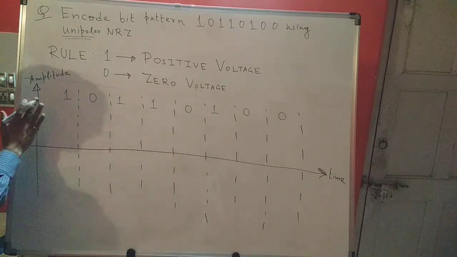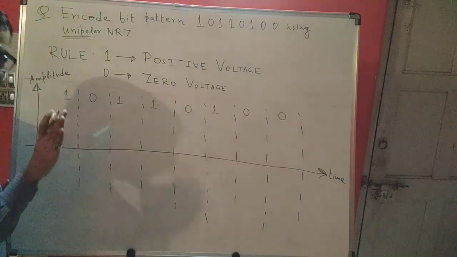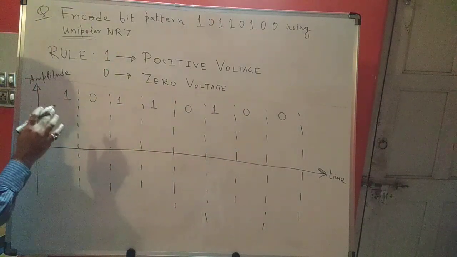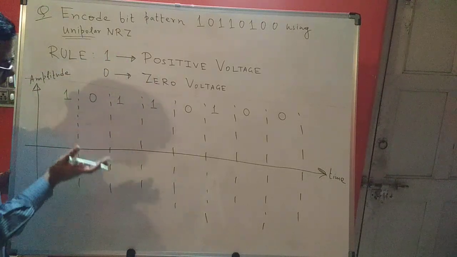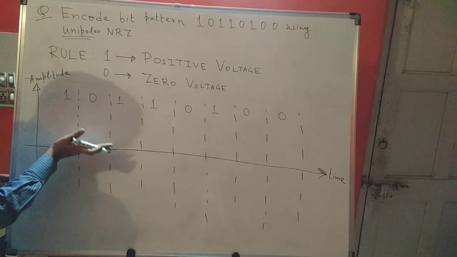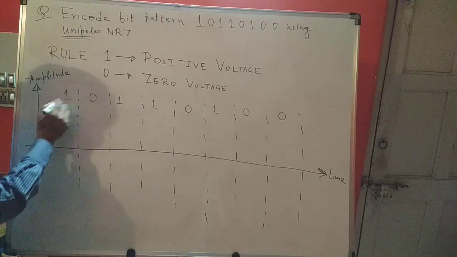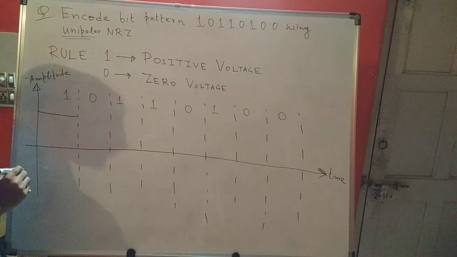So I'll be concerned only with this portion of the time axis, and this part can be ignored because it's a unipolar technique. Now 1 represents positive voltage, and since I just assumed 1 as my positive voltage and positive voltage to be present above the time axis, for this one, I will represent the signal in this manner.